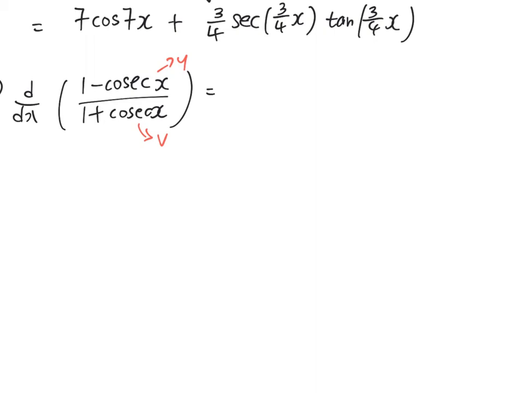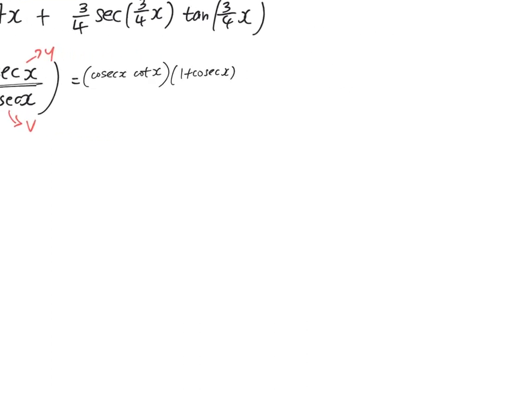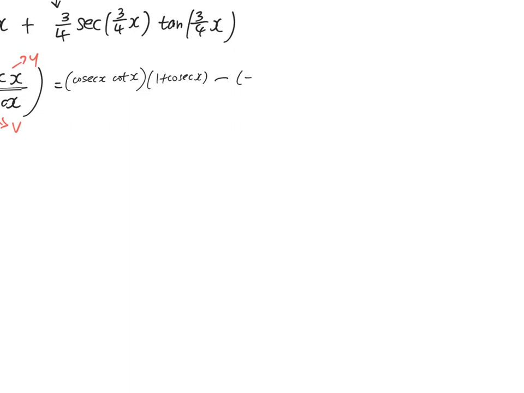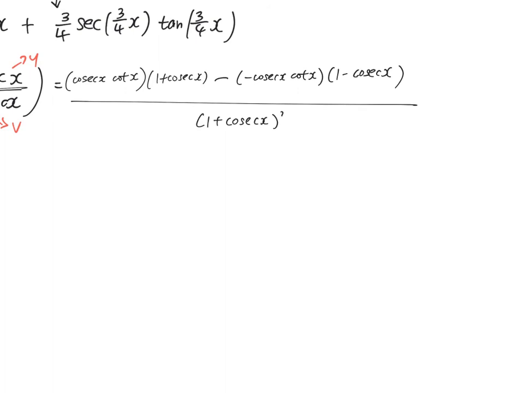If I differentiate u head on, differentiating cosecant will give me minus cosecant cotangent. So differentiating minus cosecant will give me cosecant cotangent, du/dx times v, minus dv/dx. So dv/dx of 1 plus cosecant will basically be minus cosecant cotangent x, times u, over v squared.